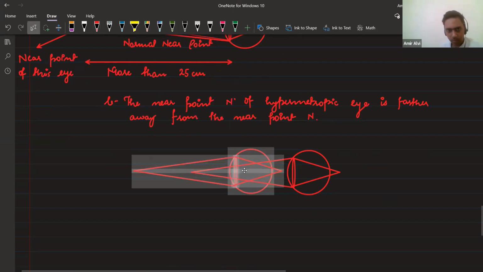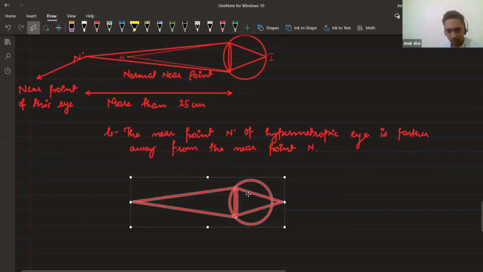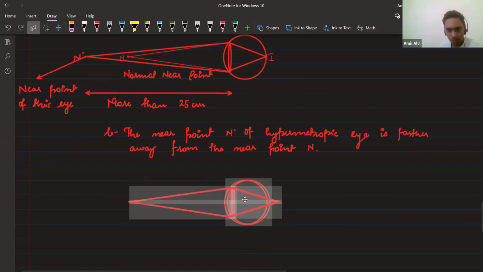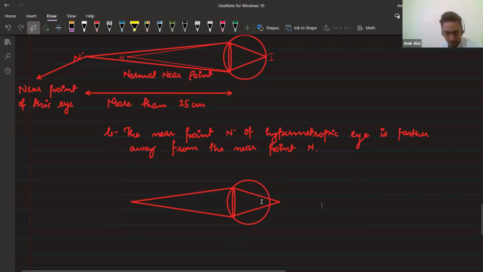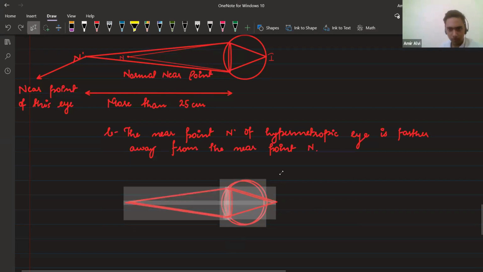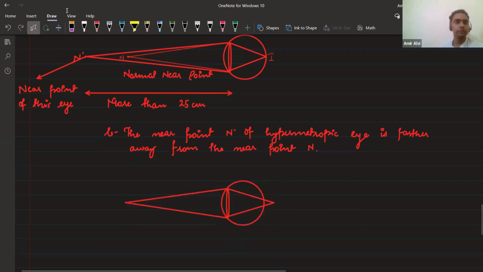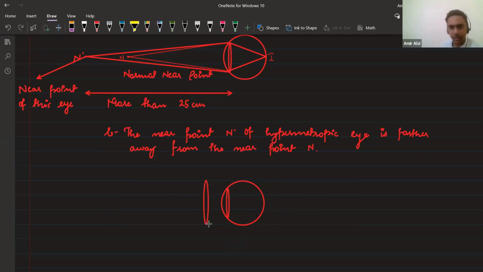I will just place one convex lens in front of it like this, so that the light rays can be converged.